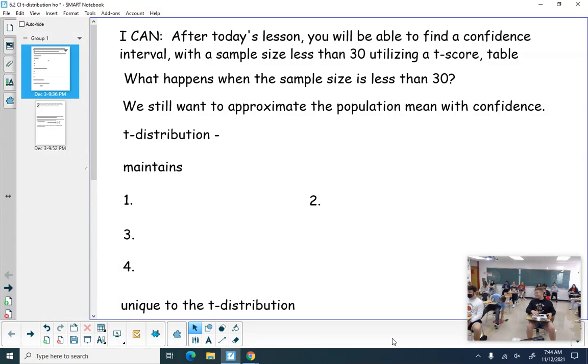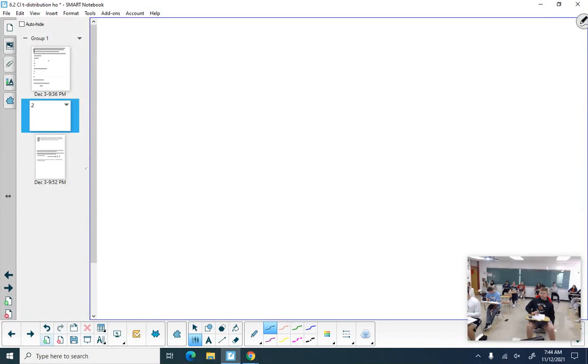All right. Yesterday we started talking about confidence intervals. Last 2 days we dealt with confidence intervals. Once again, our goal with confidence intervals is to get a range of values for our population mean, because getting the population mean may not be possible.